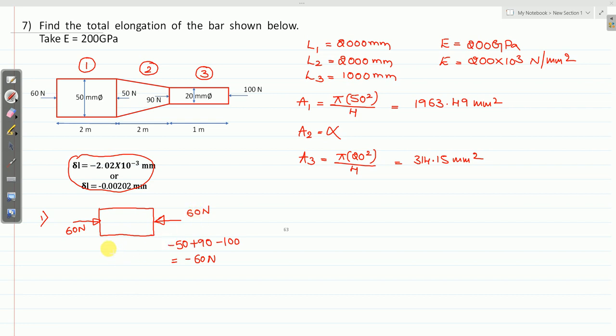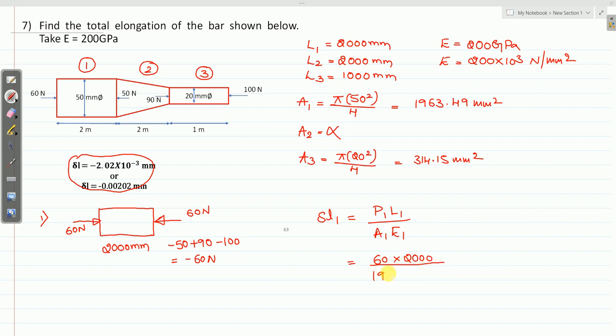Clear? So length of this section 2000 millimeter. For this section delta L1 is calculated by using the formula P1 L1 divided by A1 E. So let me substitute. P is 60 Newton and the length of the section 2000 divided by area.